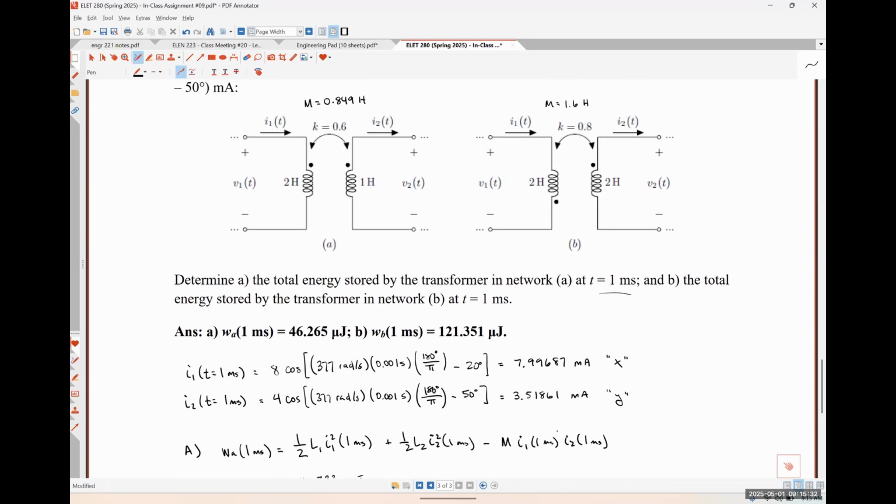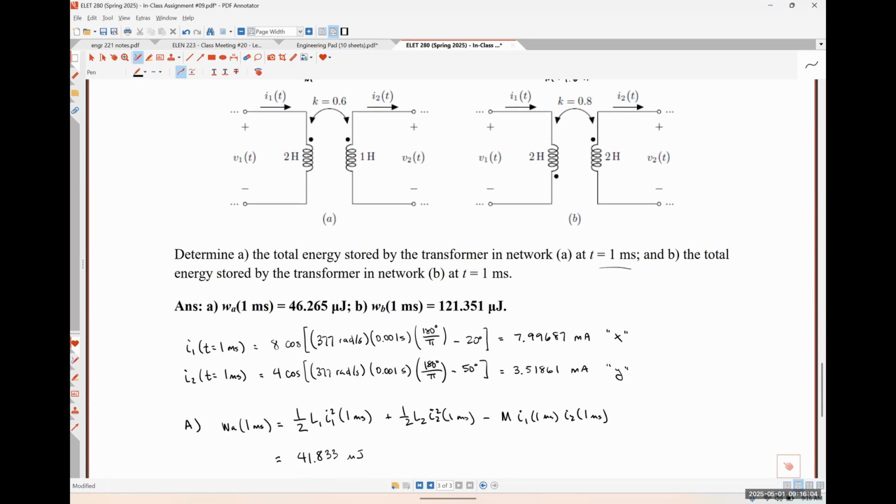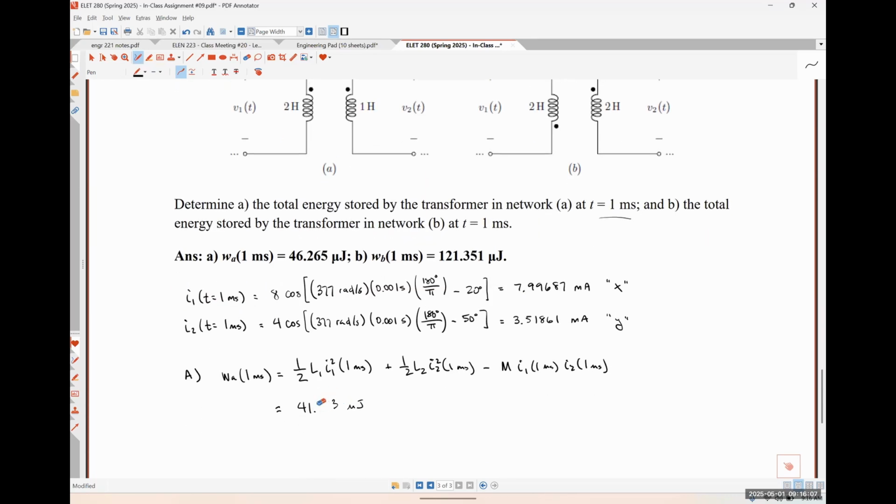Let me just double check. 0.5 times 2 times x squared plus 0.5 times 1 times y squared minus x times y times z. There we go. Yep, I got 46.264 and some change this time. So I must have typed something in slightly wrong.